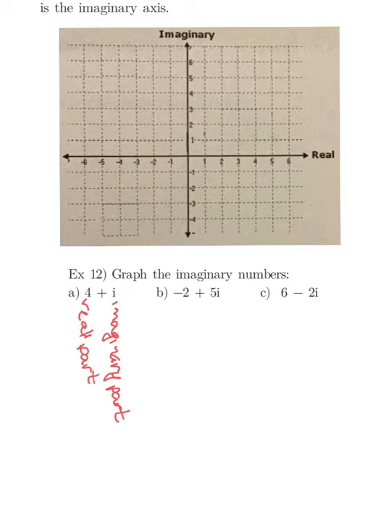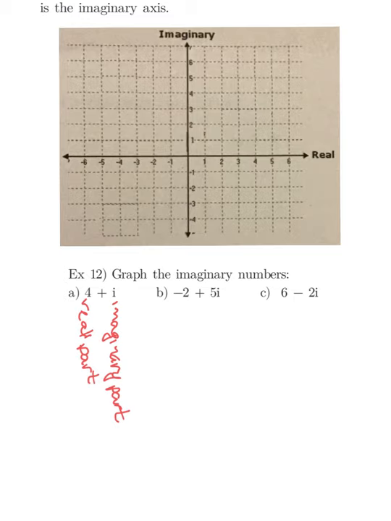So when you are graphing these, the real part is the horizontal. So you go right or left, whatever the real number is. The vertical is the imaginary part. So you go up or down the imaginary value.